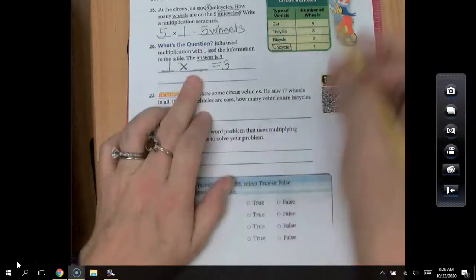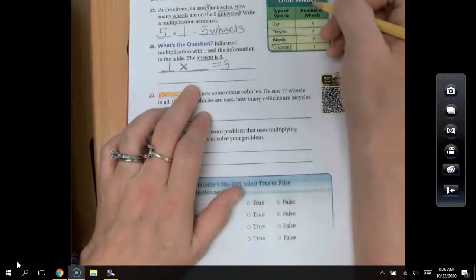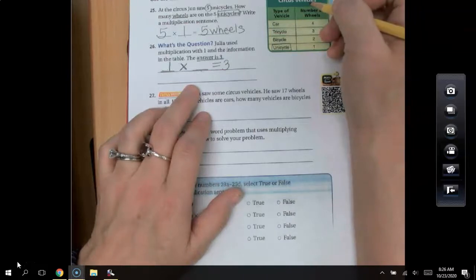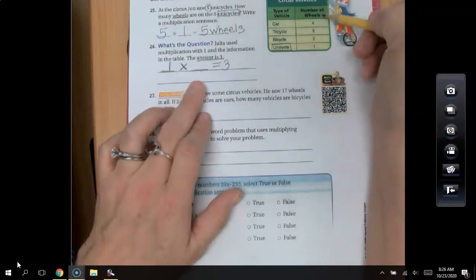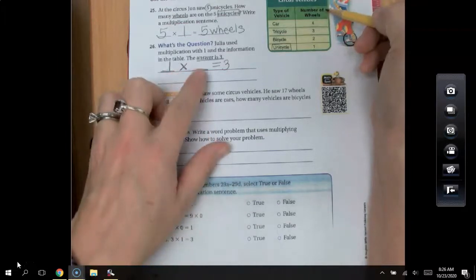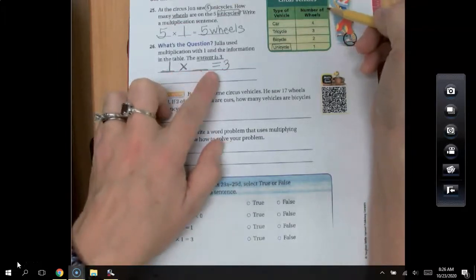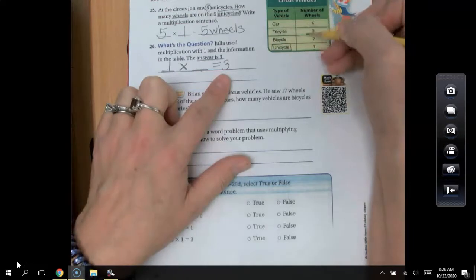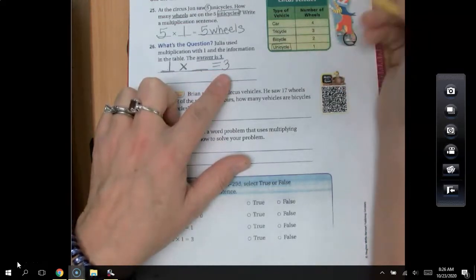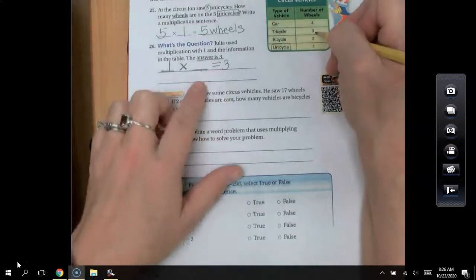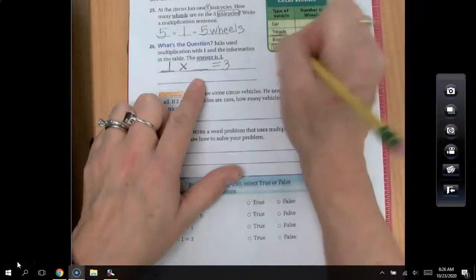It says she uses the multiplication table. Julia used multiplication with 1 and the information in the table. Okay, 1 times what number equals 3? Well, come over here. If she used this table, what number times 1 will equal 3? 3, the tricycle.